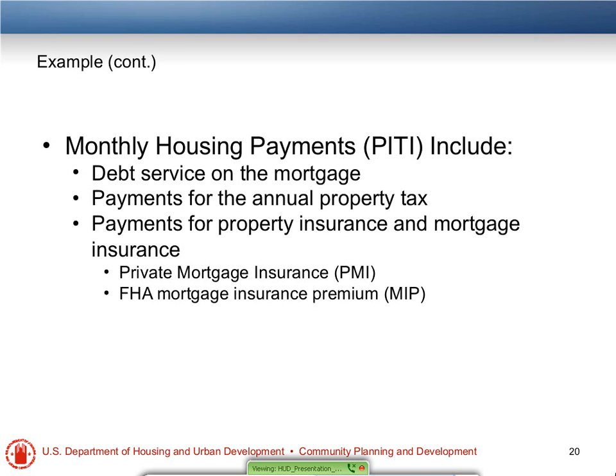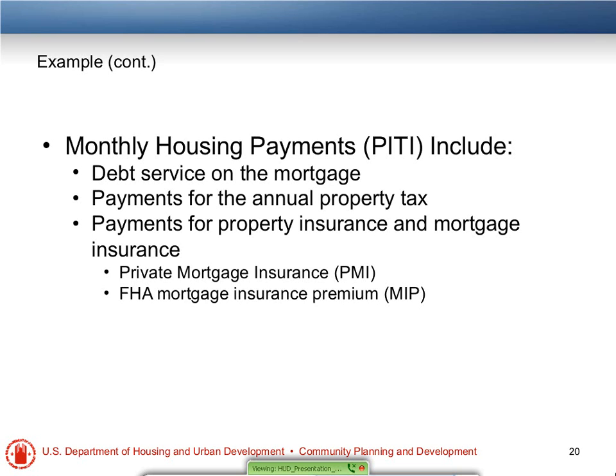Now, we know that housing costs are more than just debt service. Housing cost also includes other payments. It includes that principal and interest payment on the mortgage, but it also includes a payment for annual taxes. In addition to that, it includes a payment for property insurance.